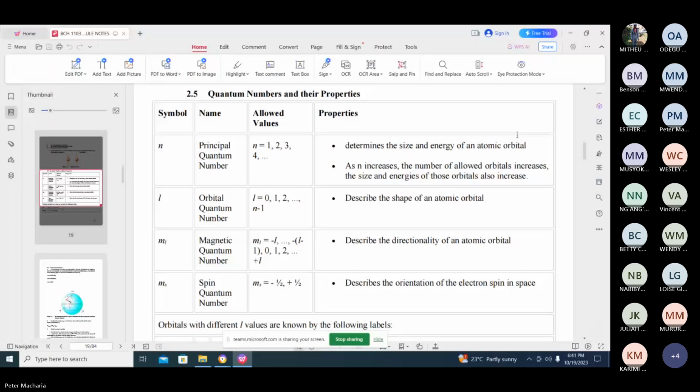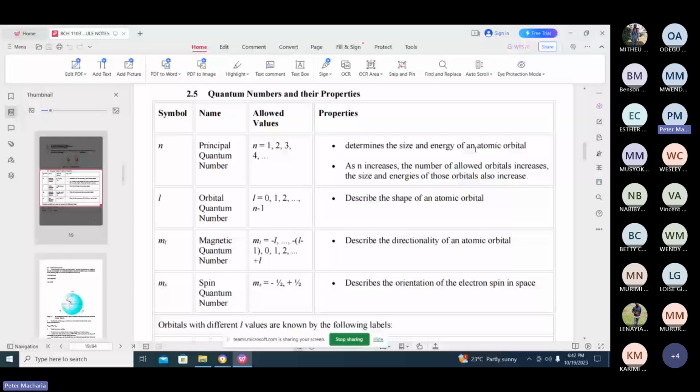We see that there are some sub-levels where electrons occupy specific sub-levels within those principal quantum numbers.